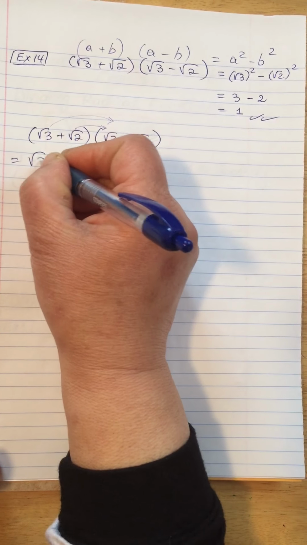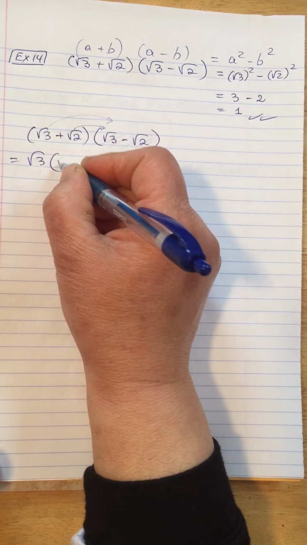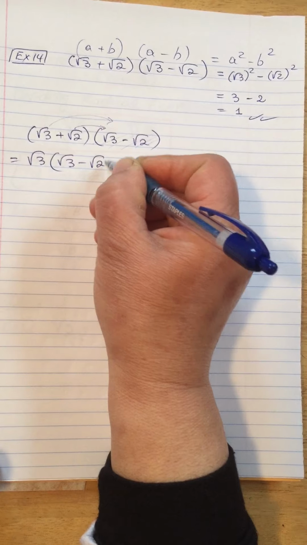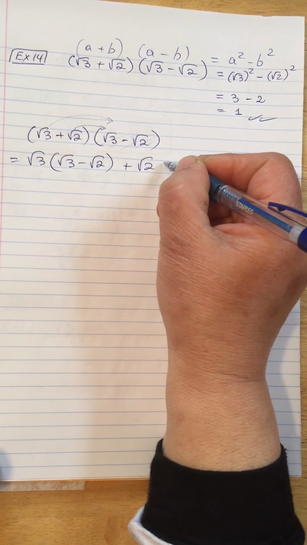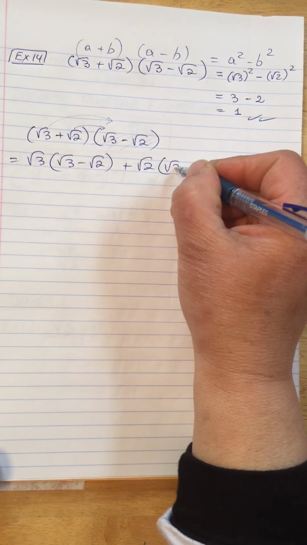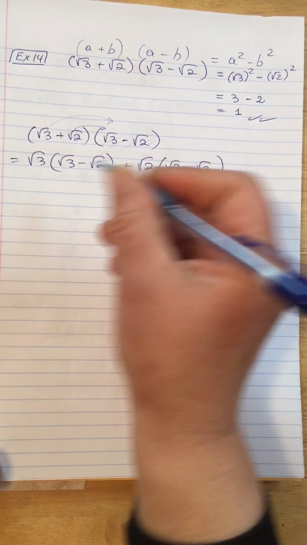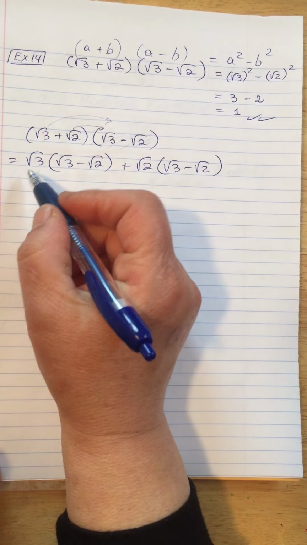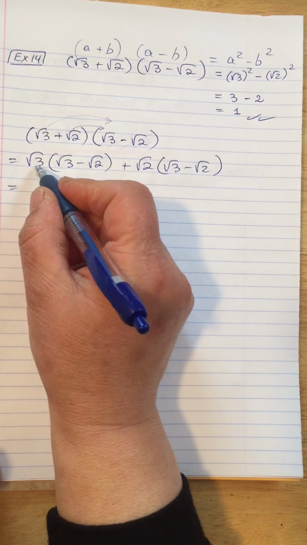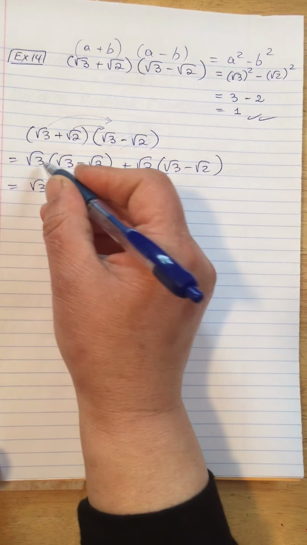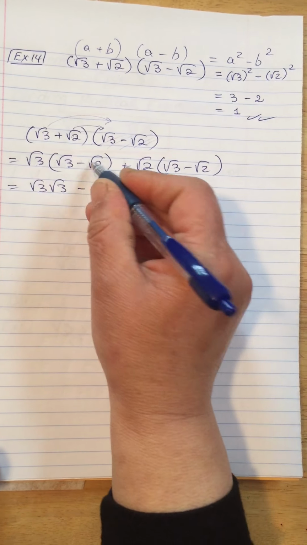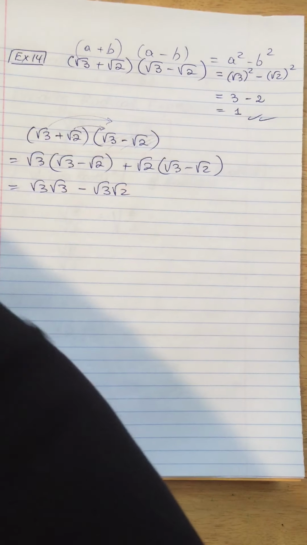So I have the square root of 3 times the square root of 3 minus square root of 2, and plus the square root of 2, multiplying the second quantity. Let me distribute now what I have. I have the square root of 3 times square root of 3 minus the square root of 3 times square root of 2. What is this?